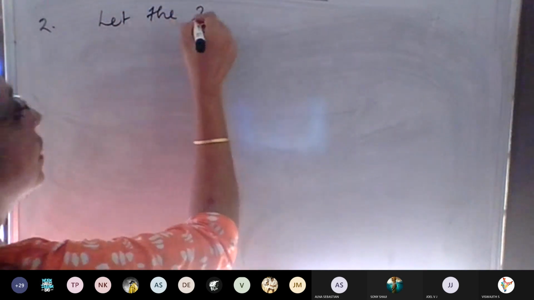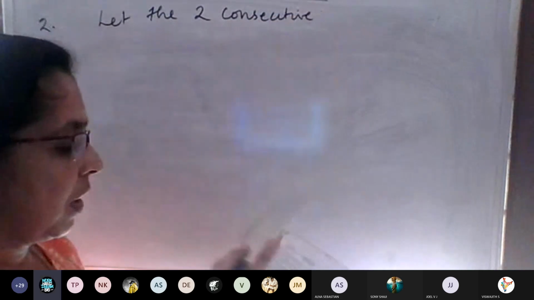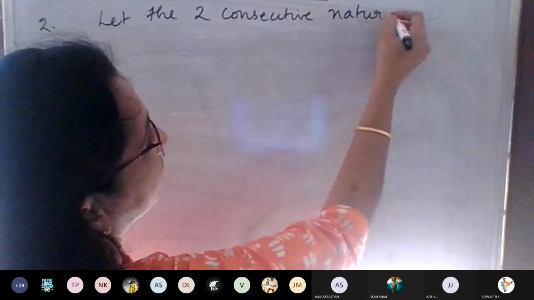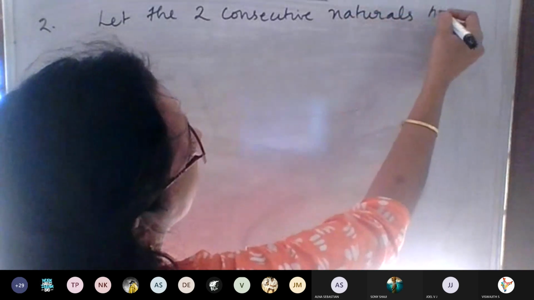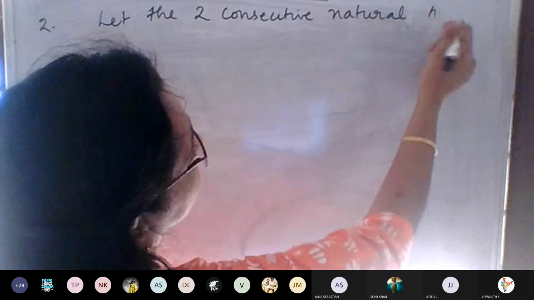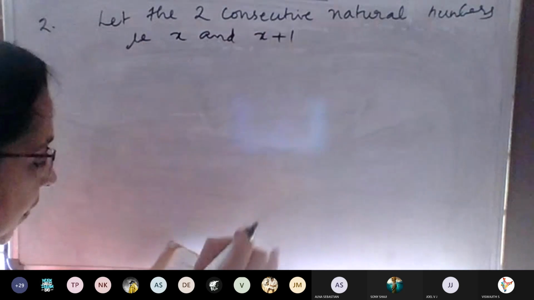Let the two consecutive natural numbers be x and x plus 1.